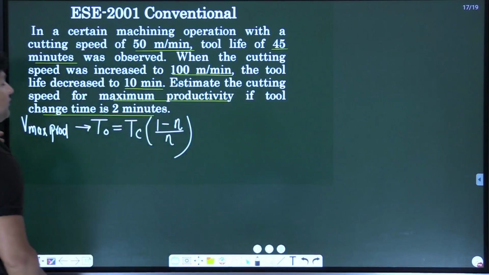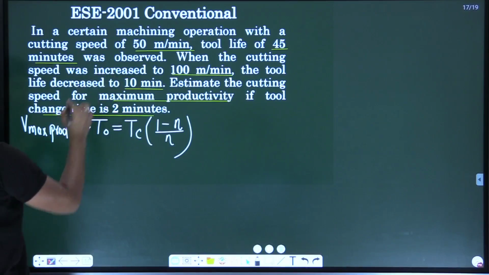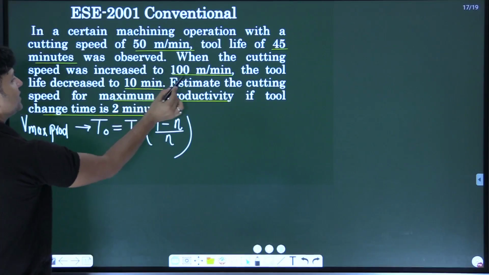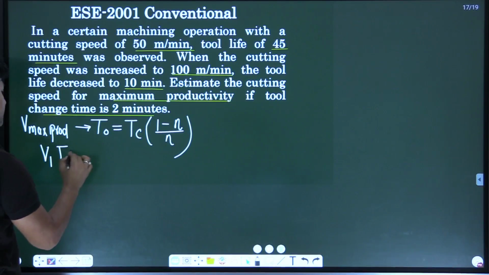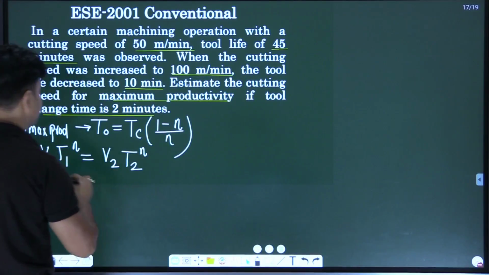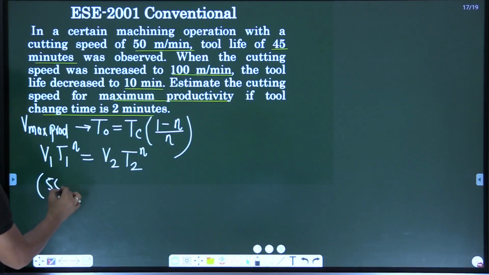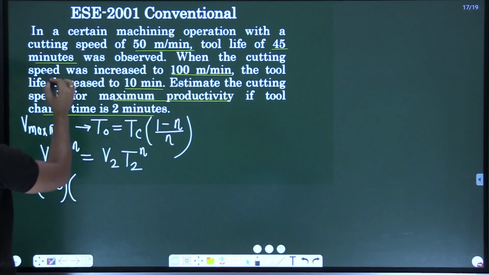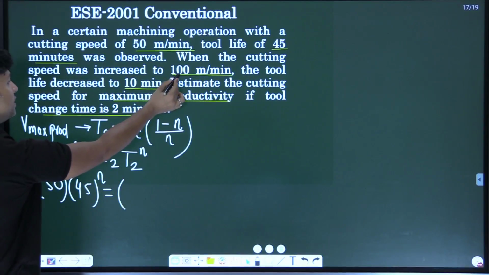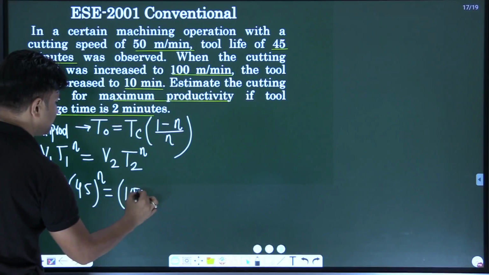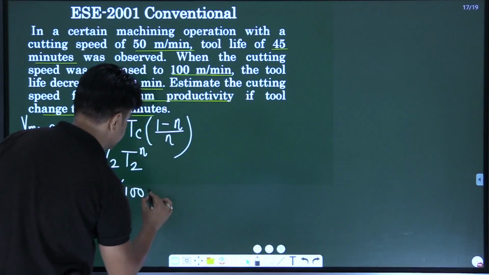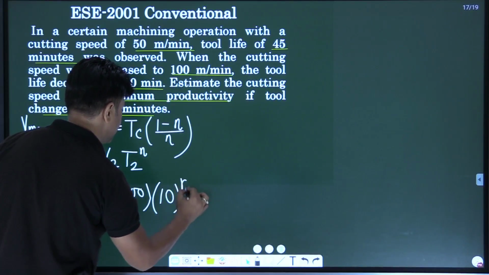Here two velocities are given, V1 and V2. V1 T1 to the power n equals V2 T2 to the power n. Here V1 is 50 into T1, that is 45 minutes to the power n, equals velocity V2, that is 100, into T2, that is 10 to the power n.